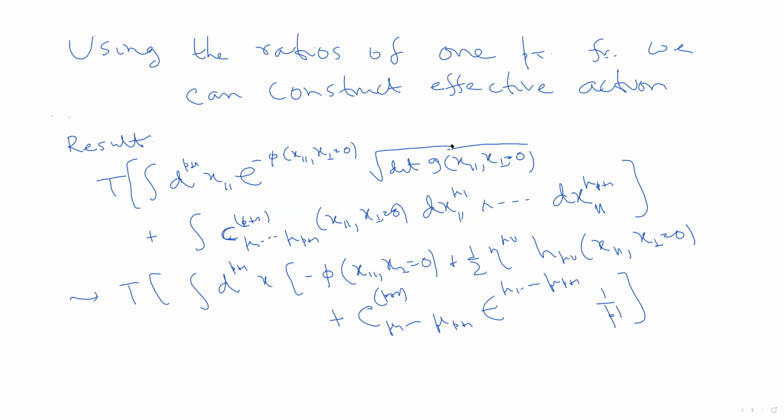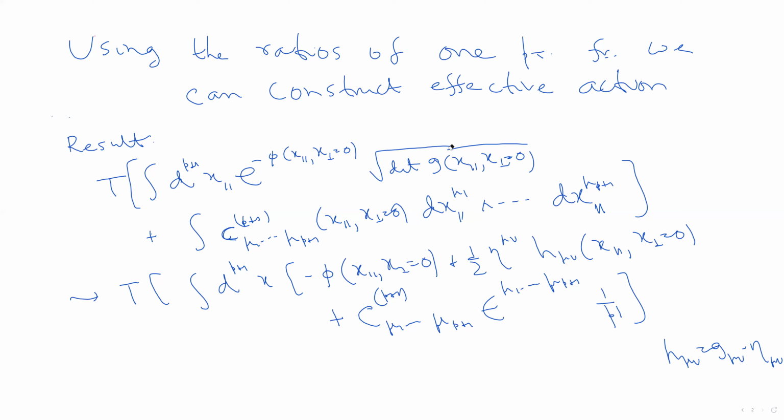Okay, which is the expansion of this to linear order, right? H mu nu is basically G mu nu minus eta.